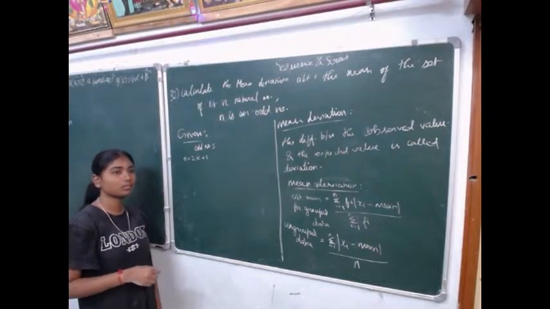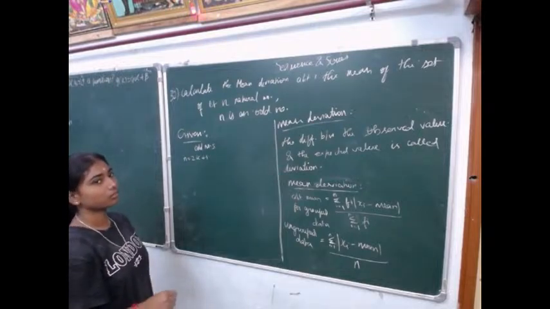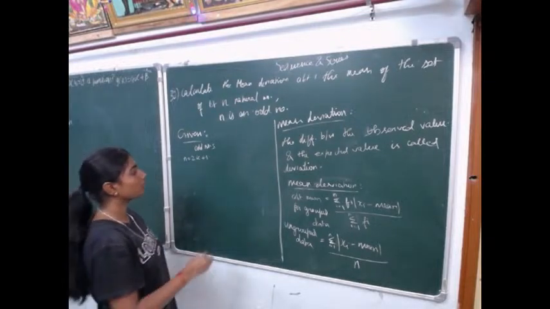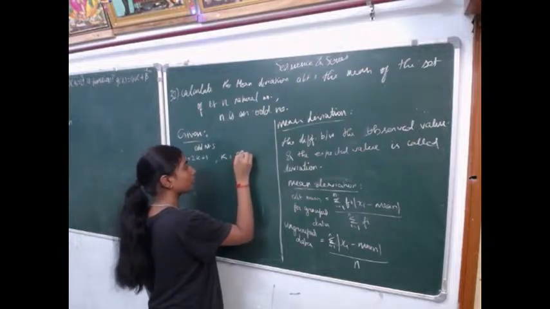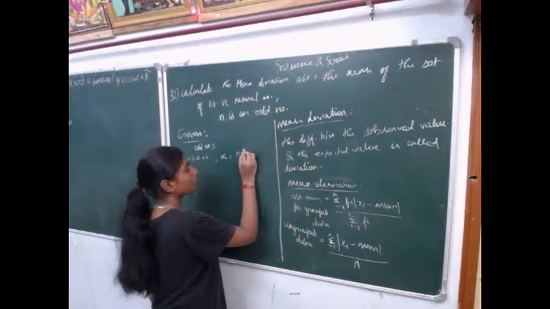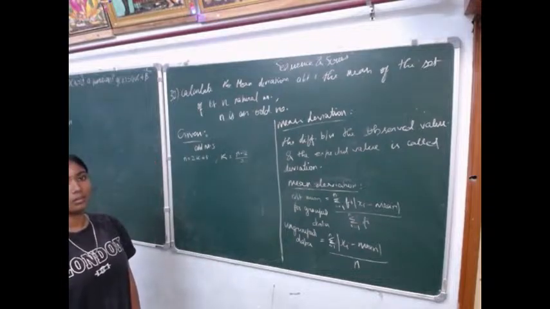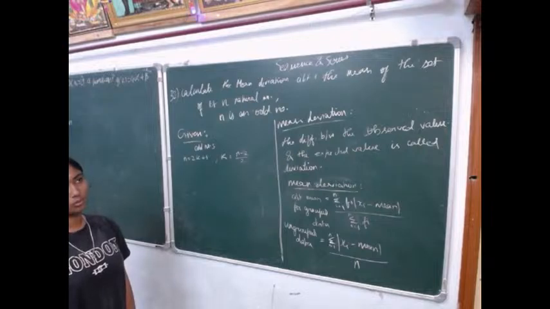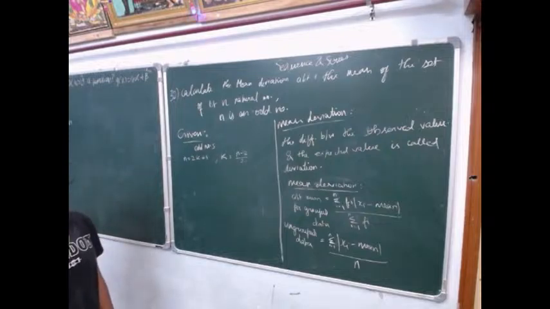Right. Now, what about this k? K is nothing but n minus 1 divided by 2. So how many numbers are there? For example, if you have got 100, then 100 minus 2 divided by 2. 100 minus 2 is how much? 98 divided by 2 means 49.